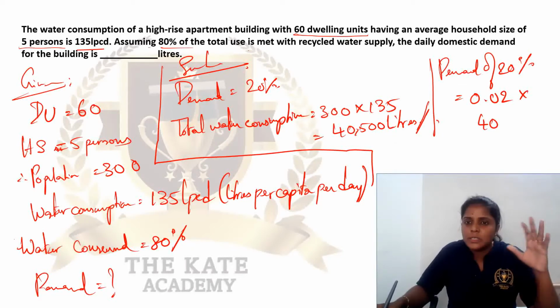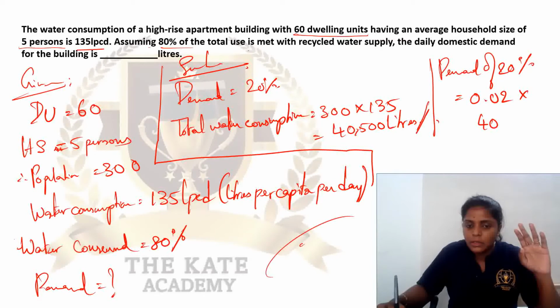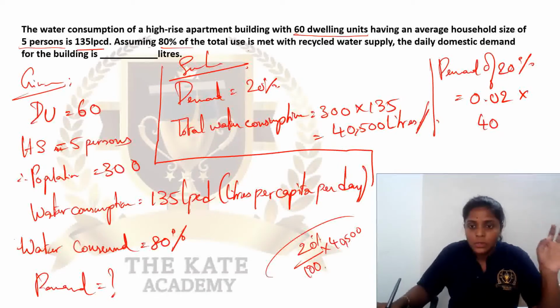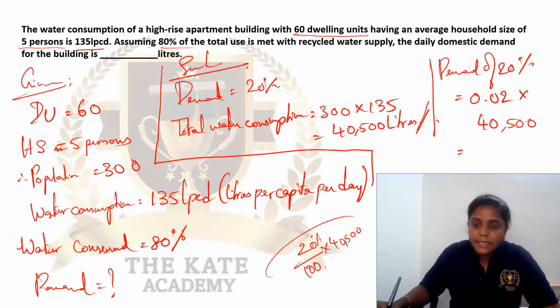You can put the percentage calculation also, like 20 divided by 100 into 40,500. Okay, 20%, you can do that way also. The final answer is 8,100 liters. This is your answer.